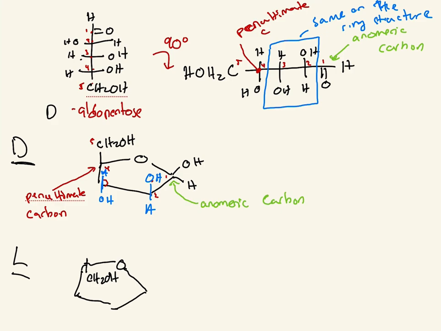If we have a ketohexose, what do you guys think will change here, if you had to guess? All right, so this is an aldose, right? Right, so the anomeric carbon, we have what other group bonded to it? We have this, and then what else? Hydrogen, right?